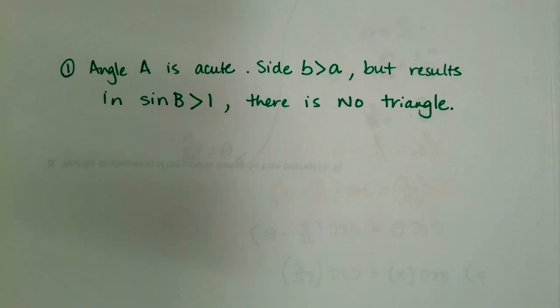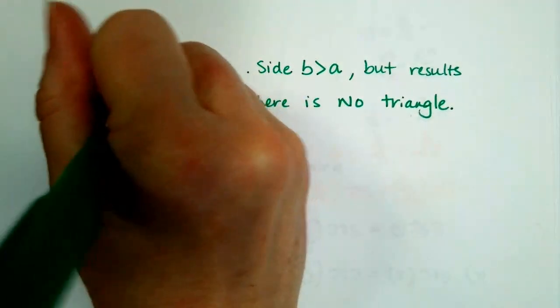Now, this one is actually easy, because if we were to do this one in our calculator, it would give us a domain error.